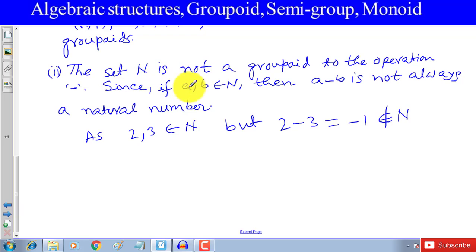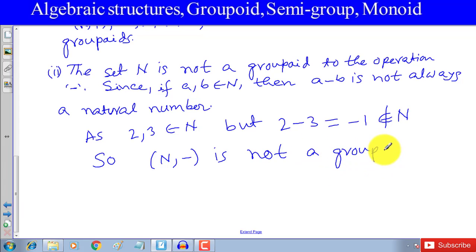Therefore, (N, minus) is not a groupoid. That is, minus is not closed in the set of natural numbers.